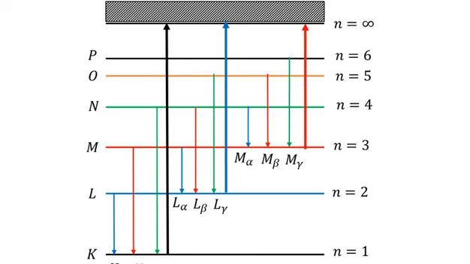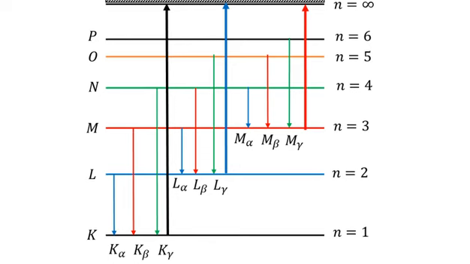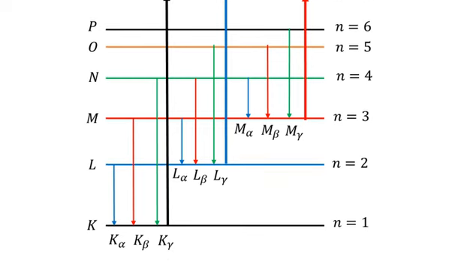So you see that here again I am going to show only the three series, that is the K series, the L series, and the M series. The first element of the K series is K alpha, which is due to the transition when the electron jumps from the L shell to fill a vacancy in the K shell. Then of course a K alpha quantum of X-ray is emitted.